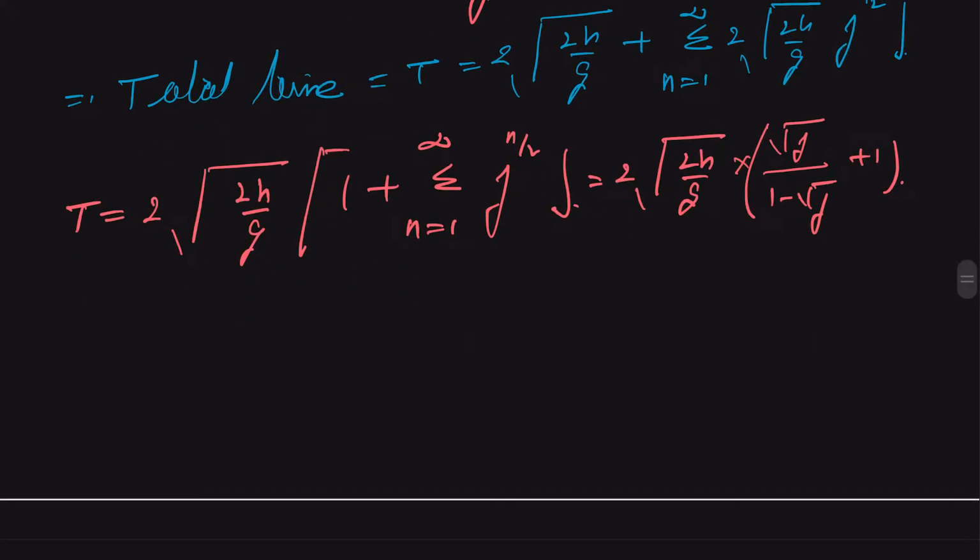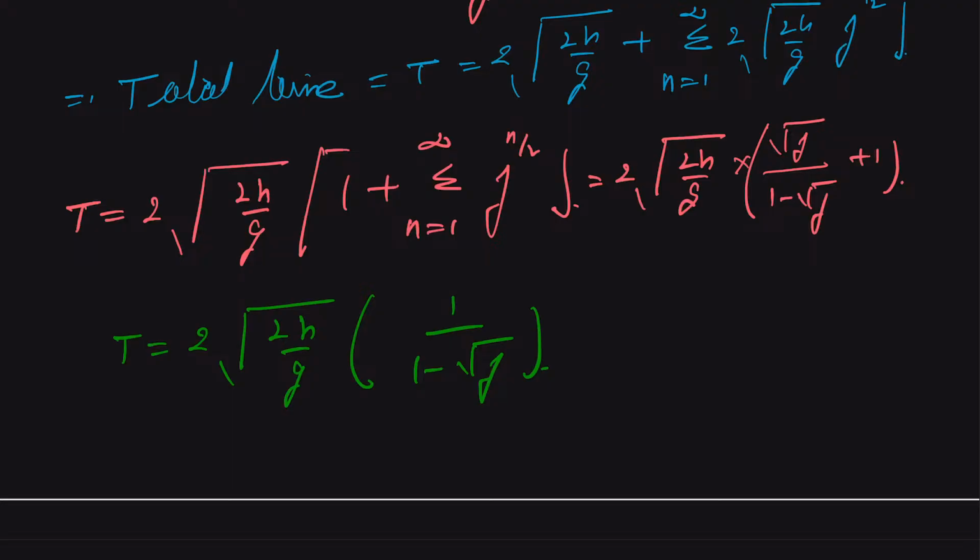And we get from here that the total time T will be equal to 2 square root of 2h upon g times 1 upon (1 minus square root of f). Okay. So this is our total time.